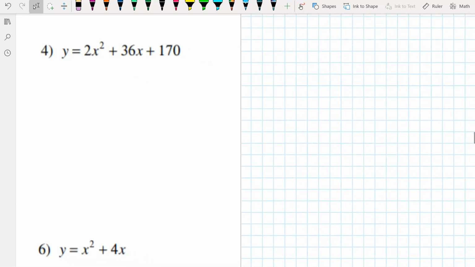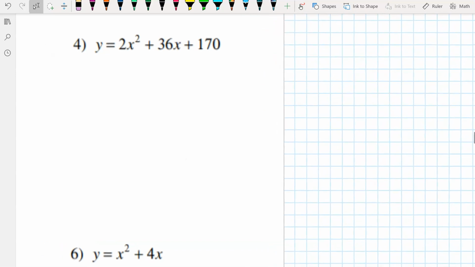So for 4, we have y equals 2x squared plus 36x plus 170. So here, a is not equal to 1. Before, when we did this with completing the square, we divided it out. We're not going to do that here.